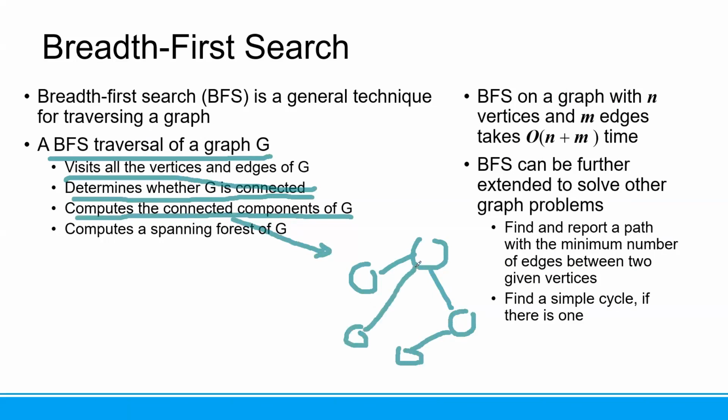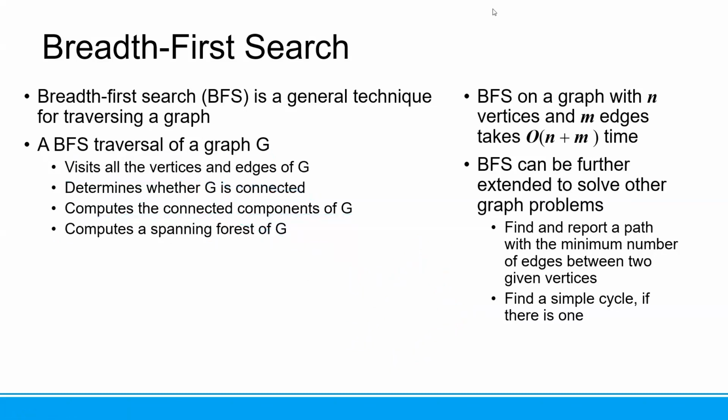So there will be a graph like this one. It should be connected. And we are going to compute a spanning forest of G. For BFS on a graph with n vertices and m edges, where n is the number of vertices and m is the number of edges, it will take O(n + m).